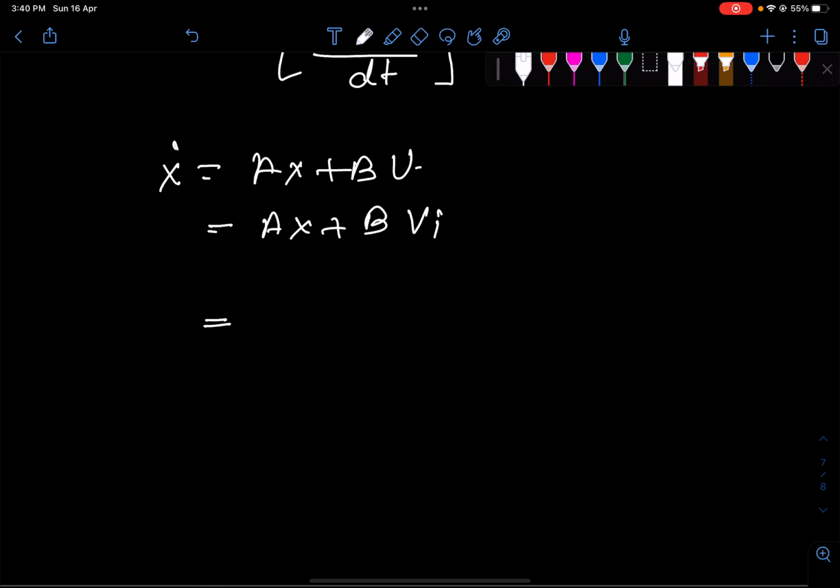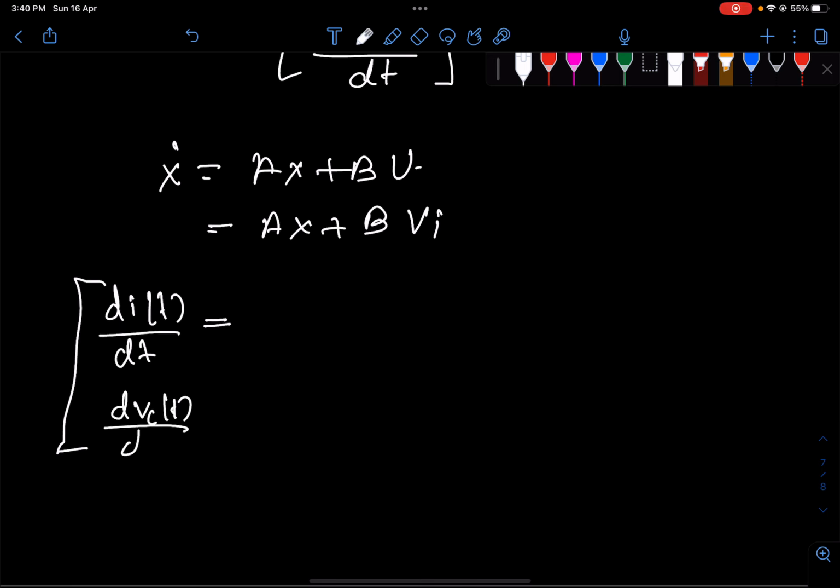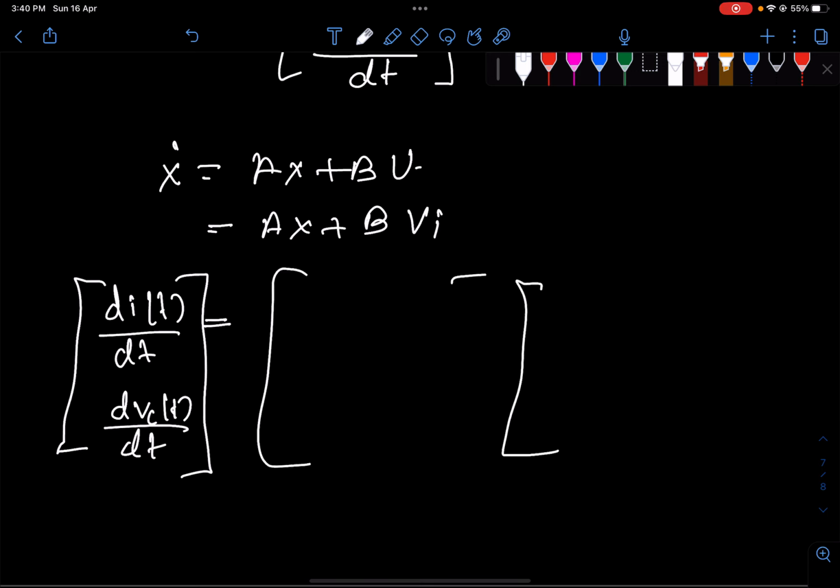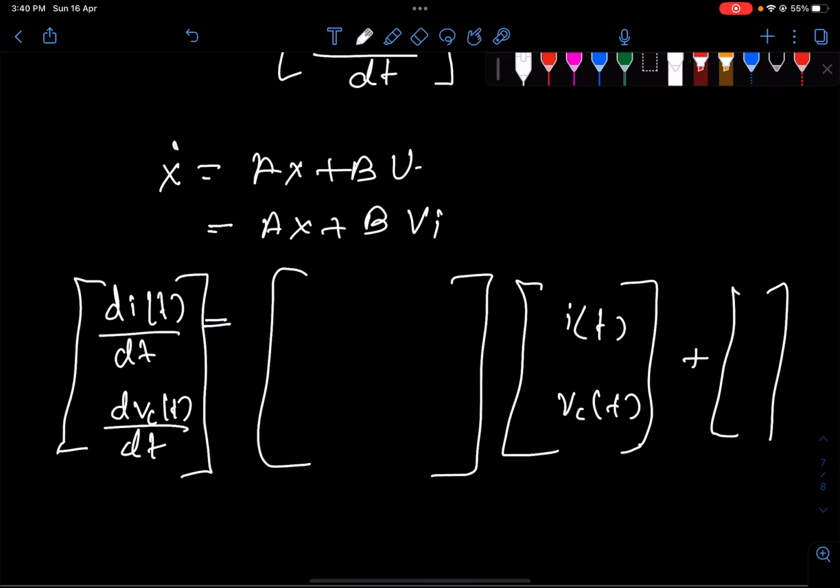So x dot is di by dt and dVc of t by dt, and you write some matrix for it, multiplied with I of t and Vc of t, plus some entries for B, and this is the input.